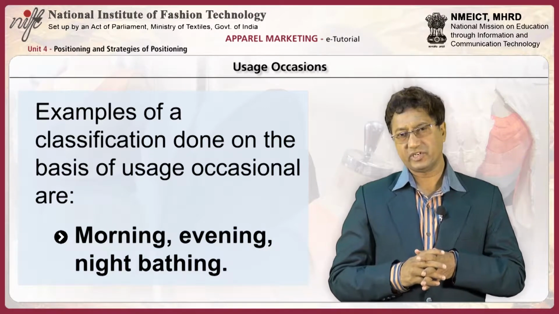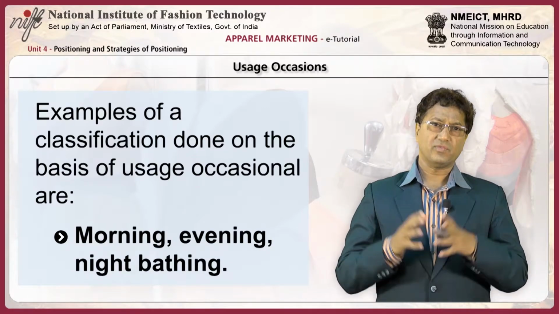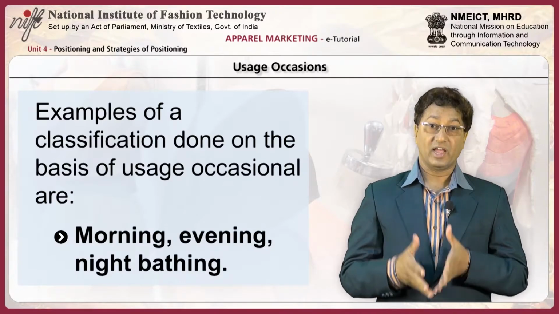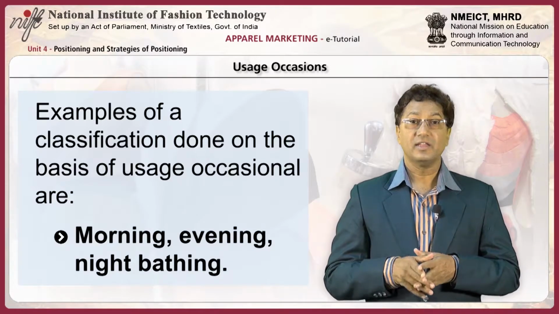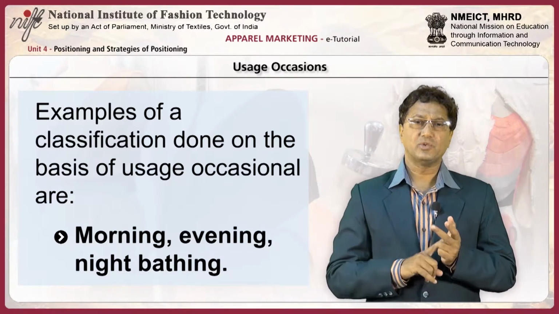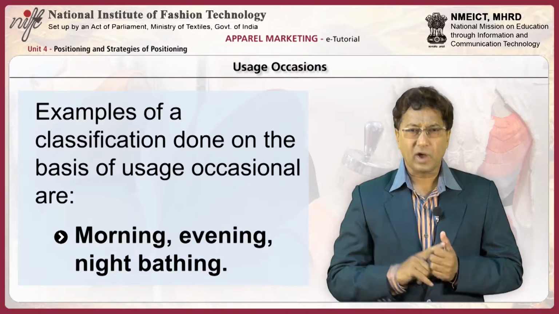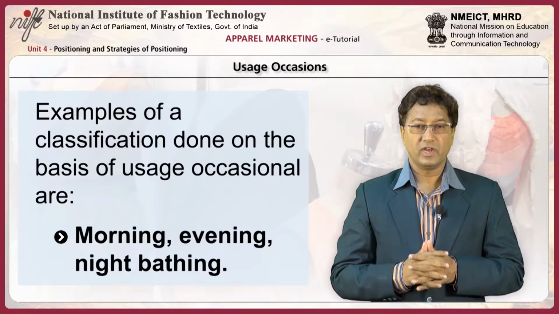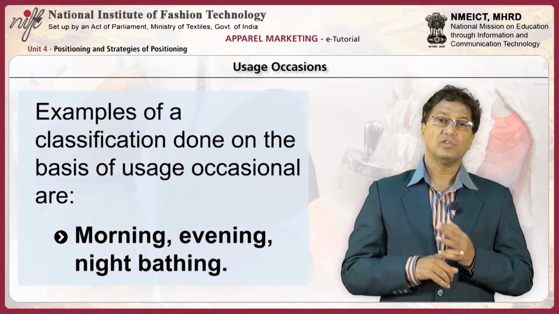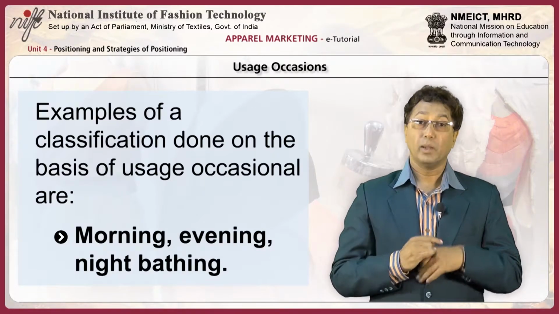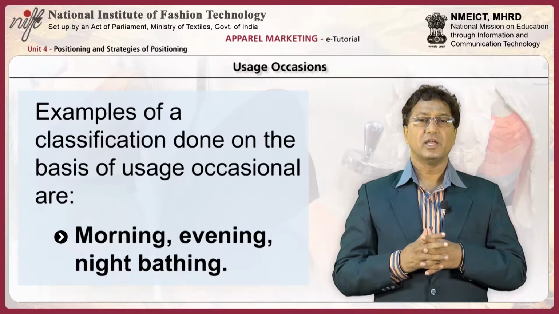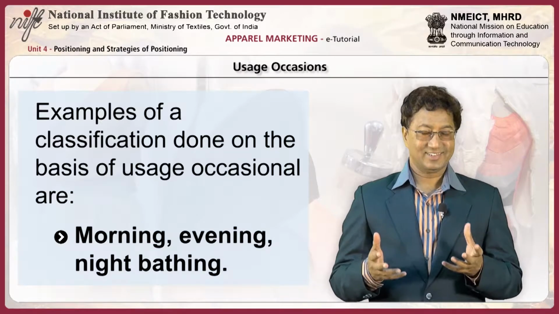Examples of a classification done on the basis of usage occasions are morning, evening, night, swimming, bathing, etc. And also whether it's a formal or casual or semi-formal, party wear. Even in olden days there used to be only one lingerie. Today we have lingerie, swimwear, bathwear, beachwear, etc. So the classification is done based on the usage occasions.